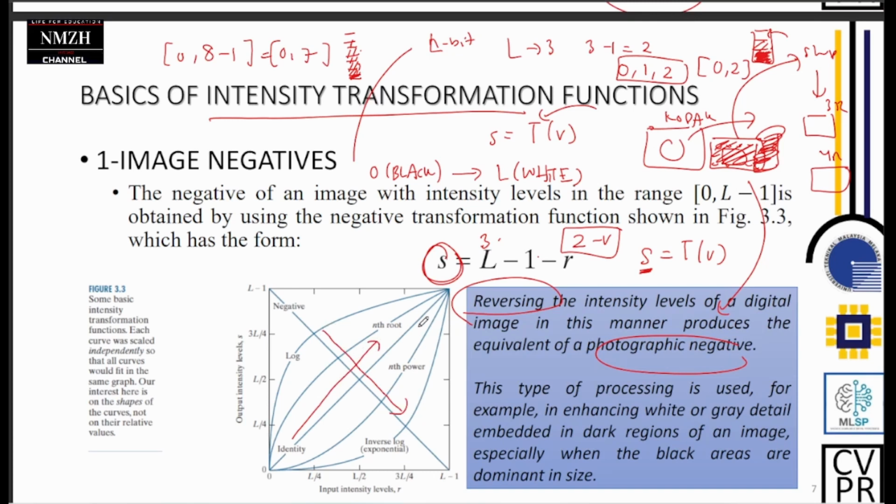Not to forget, looking at figure 3.3 here, we have 1, 2, 3, 4, 5, 6, 7 types of intensity graphs. We have the negative, the identity, the log, the nth root, and so on. So far, for the first technique function, we chose to discuss the negative. So for the negative, S is L minus 1 minus R.